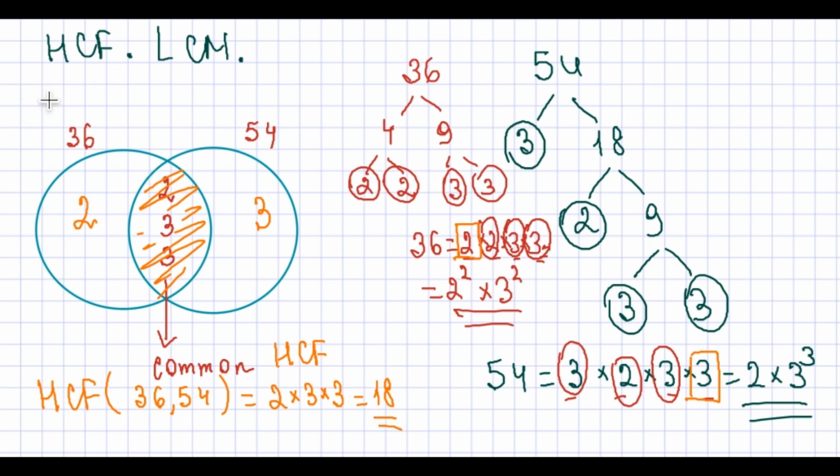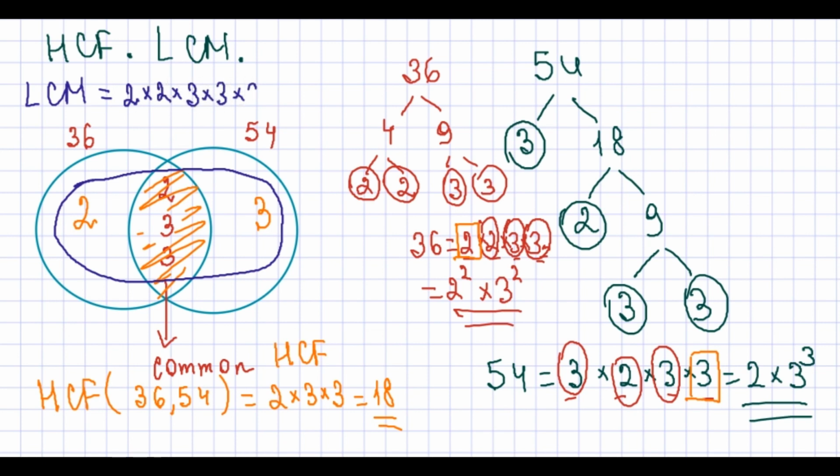But what about LCM? LCM is the product of all numbers here. Actually, this is the union of the two circles. That is 2 times 2 times 3 times 3 times 3. That makes 4, 27, 28, and 108.